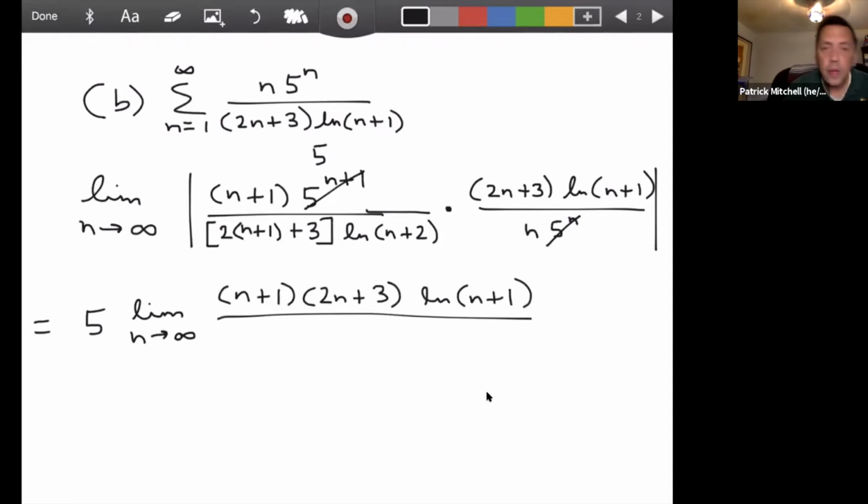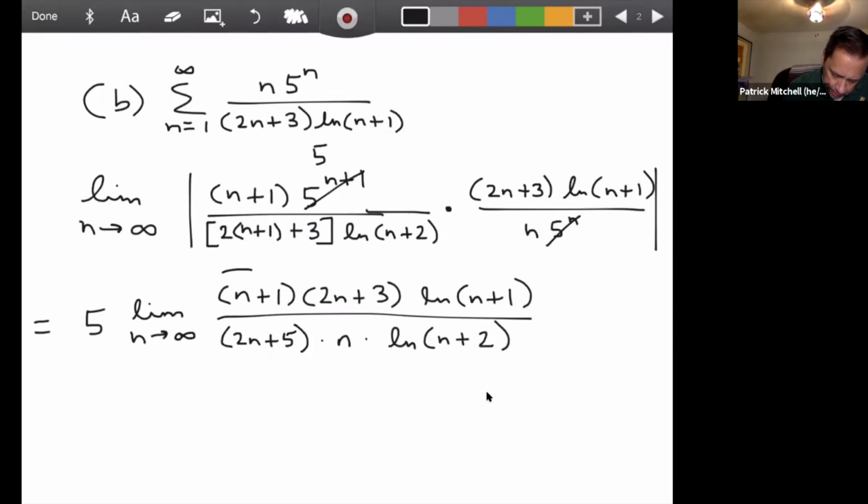over, okay, what's the first factor downstairs? It's twice n plus 1, add 3, which is 2n plus 2 plus 3. That's 2n plus 5. And we also have an n, and we have a natural log n plus 2. Okay. So, let's see.